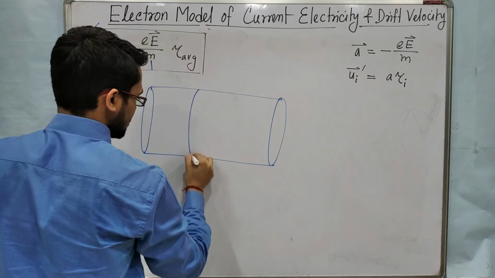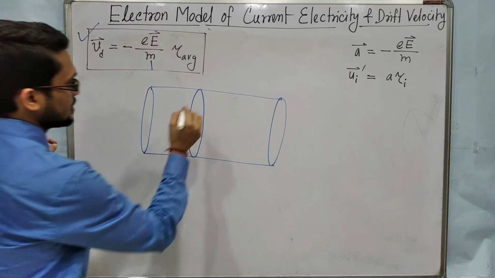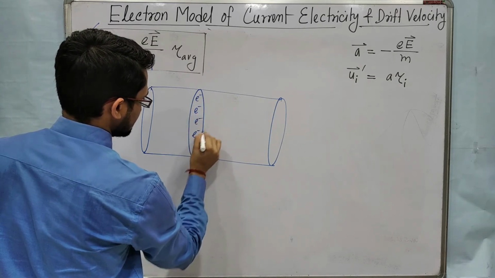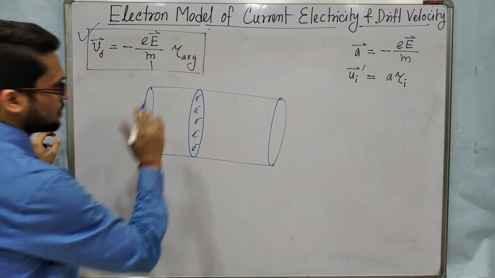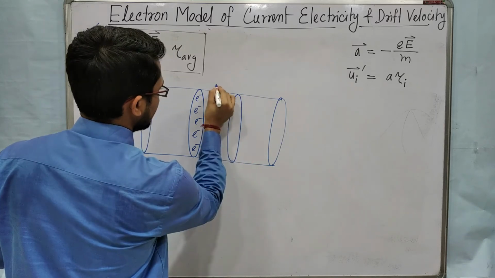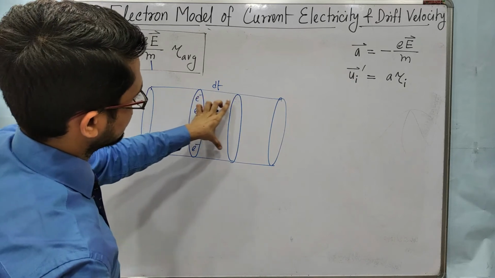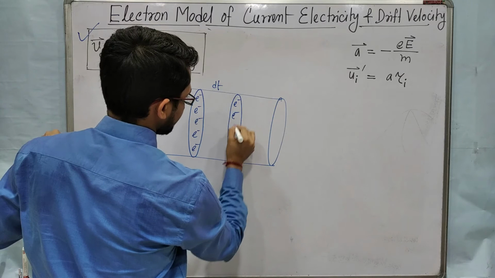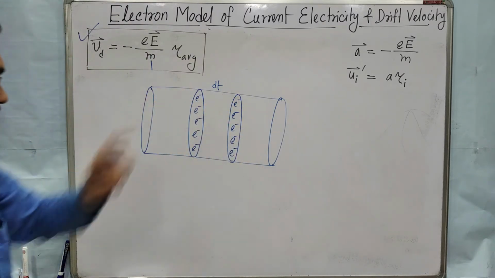Many electrons are crossing this cross sectional area, and after some time dt, all the electrons will reach this next cross sectional area.